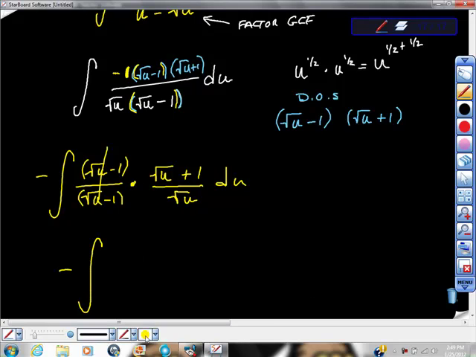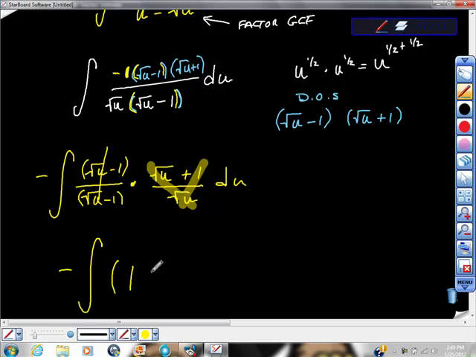And then I'm going to go ahead now and partition this piece out. Isn't it true this is the same as u over square root of u plus 1 over the square root of u? And that will look like this. Square root of u over square root of u is 1, isn't it?